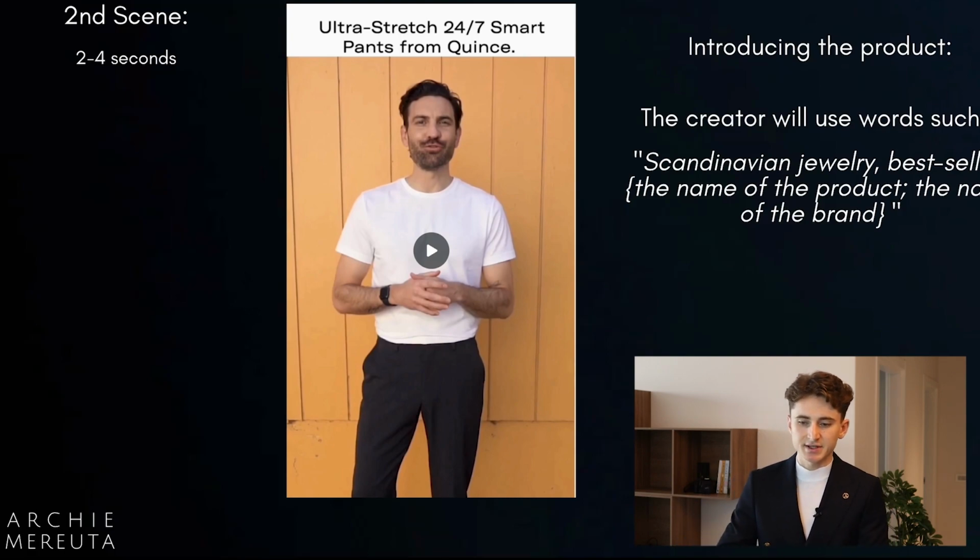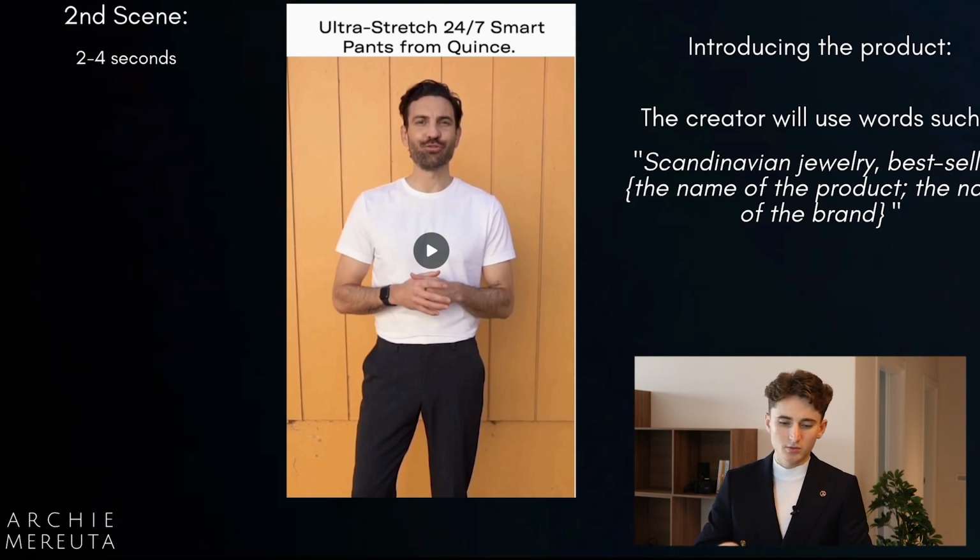For the second scene, for this example, we have a scene or a frame where we introduce the product. We give them 2 to 4 seconds to record this video, and then I also give them some specific words to use. Now notice, I do not give them a word-by-word script, but I give them some words, some direction, so he or she can record this in a much more efficient way.